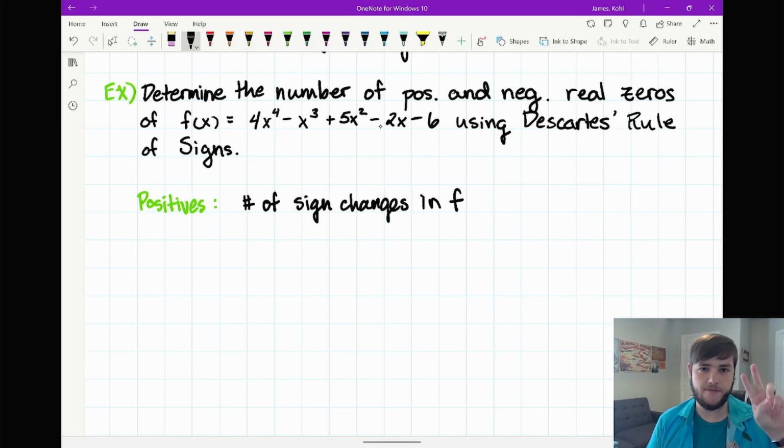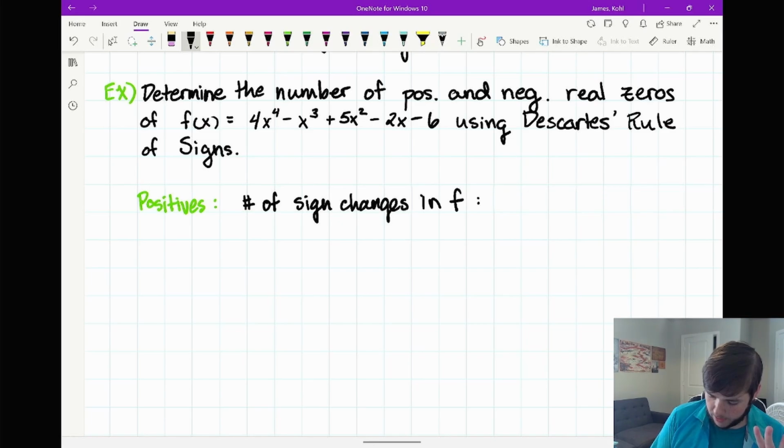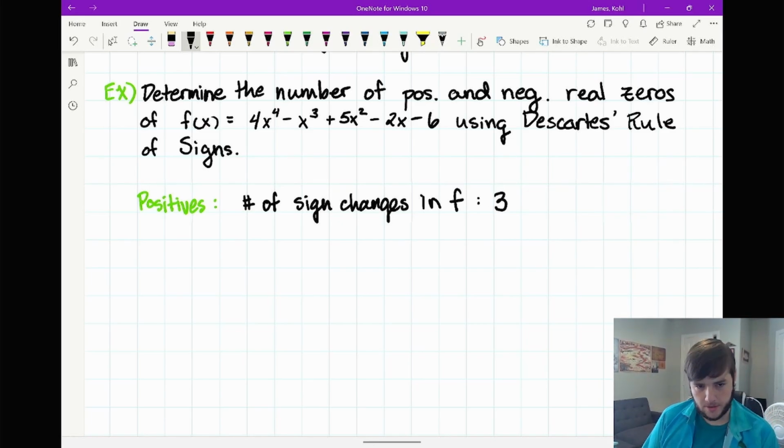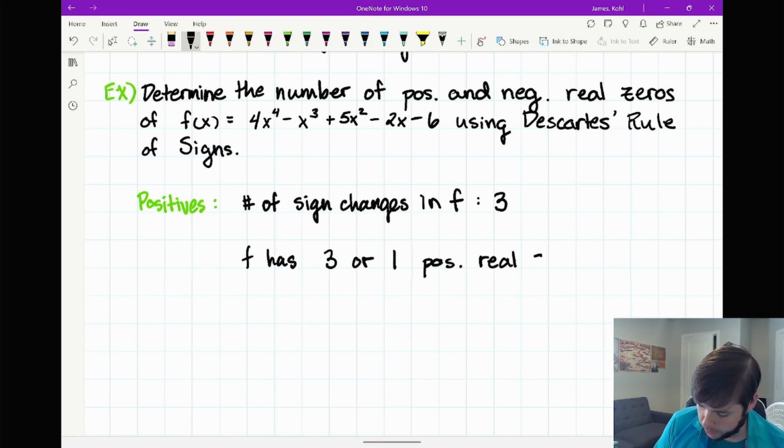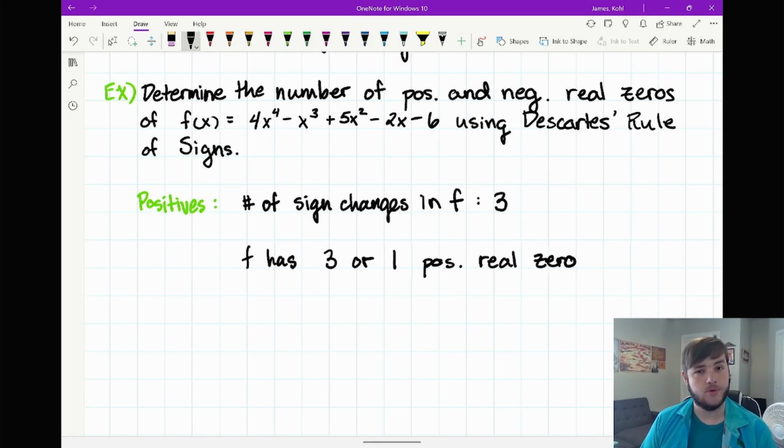Change back to negative, 3. But then I don't change here. So, there are 3 sign changes. This tells me that f has either 3 or, remember, I can also subtract even numbers from that, right? So it has either 3 or 1 positive real zero.